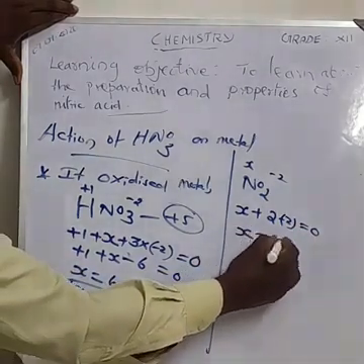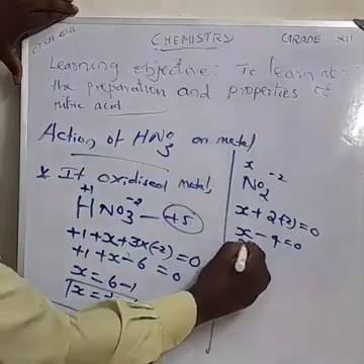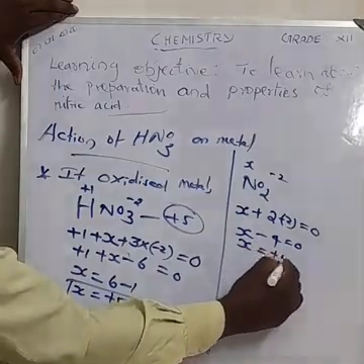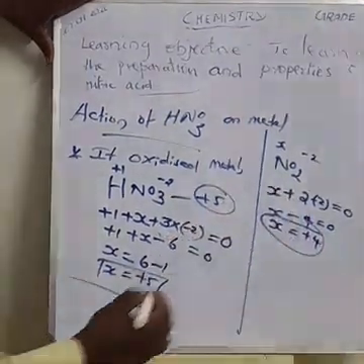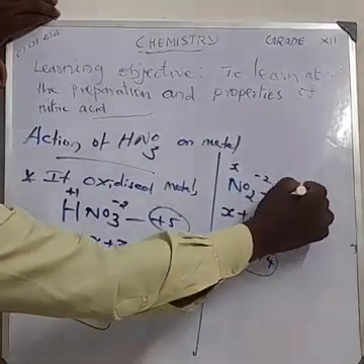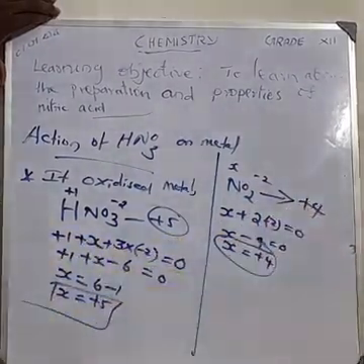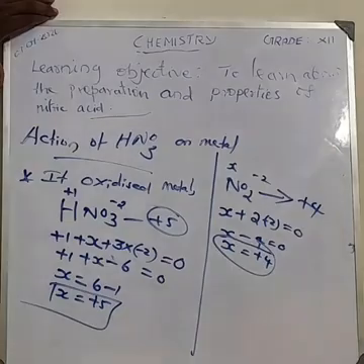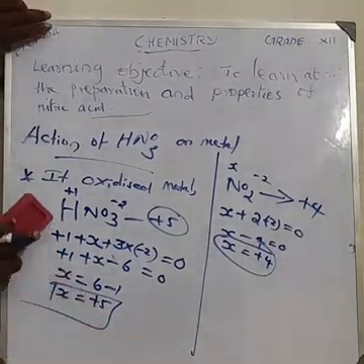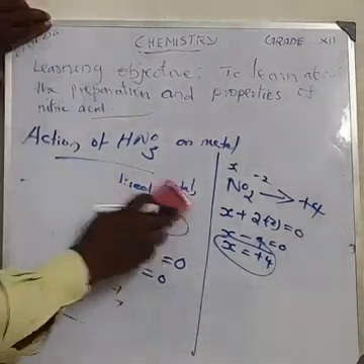X minus 4 equals 0, so X is equal to +4. So the oxidation state is +4. Clear? The next one is HNO2, nitrous acid.